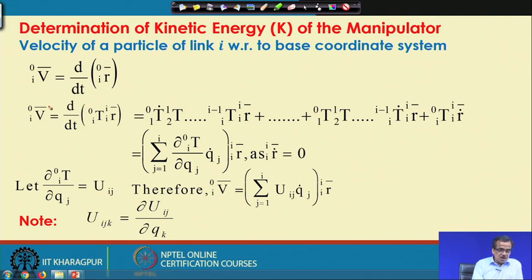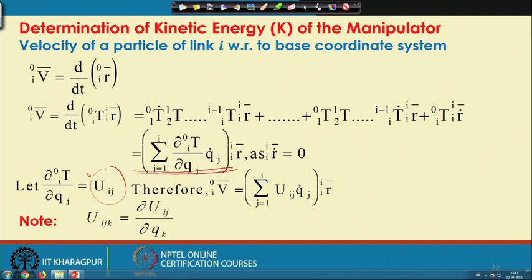That means the velocity of that particular particle with respect to the base coordinate frame is nothing but this particular expression. Now, here I am just going to use another symbol, that is, the partial derivative of T_i with respect to 0 with respect to q_j is nothing but u_ij, another symbol I am using.